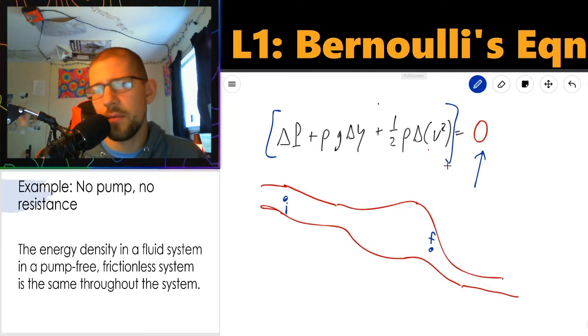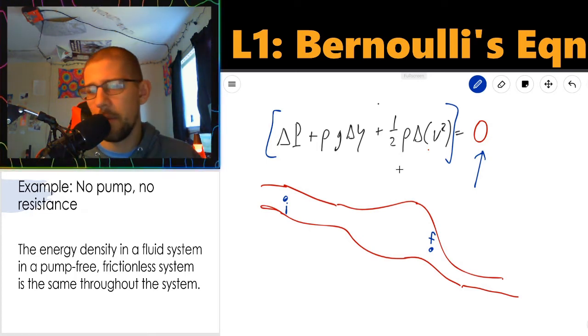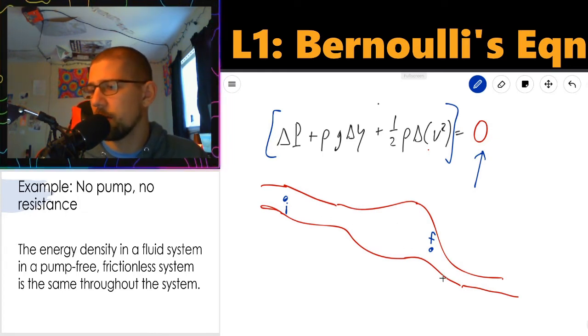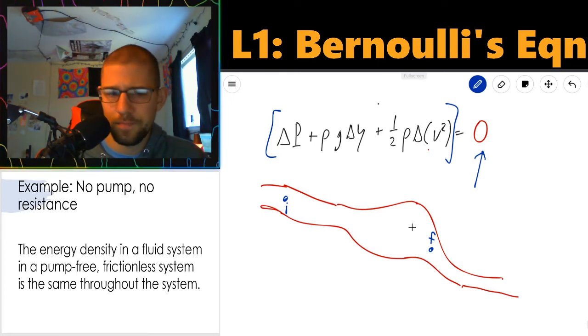Another way to say that is that the energy density in a pump-free, frictionless fluid system is the same throughout the system. I could calculate the energy density at any one of these points, and the sum of the individual components of the energy density is going to sum up to the same number.